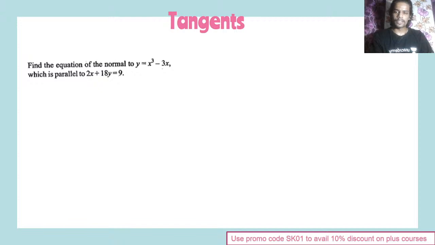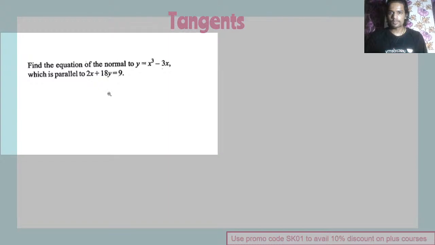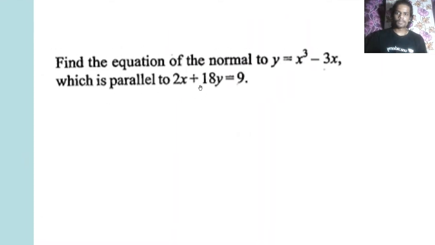We have already been given a line which is 2x plus 18y equal 9, and we have to find the equation of the tangent which is parallel to this. So basically, this is a line which is already given and we have to find a tangent.